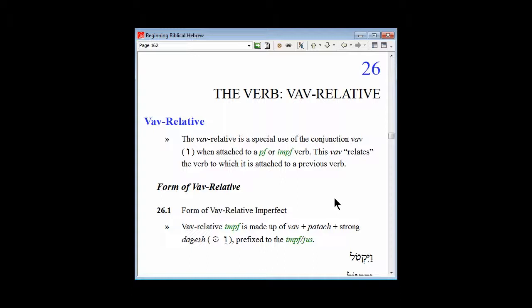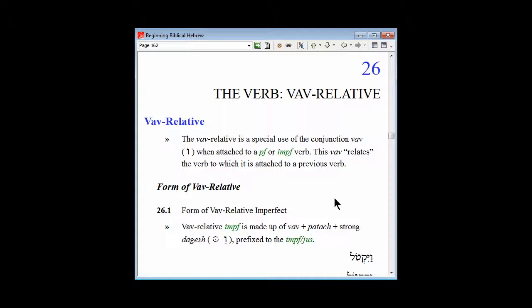And when you see that happen, that's going to signal a very specific function for that conjunction that's going to dictate the verbal form that it's attached to in terms of how you would translate it and how you would understand it. Now that would be easy because all you need to do is look at the change in form.